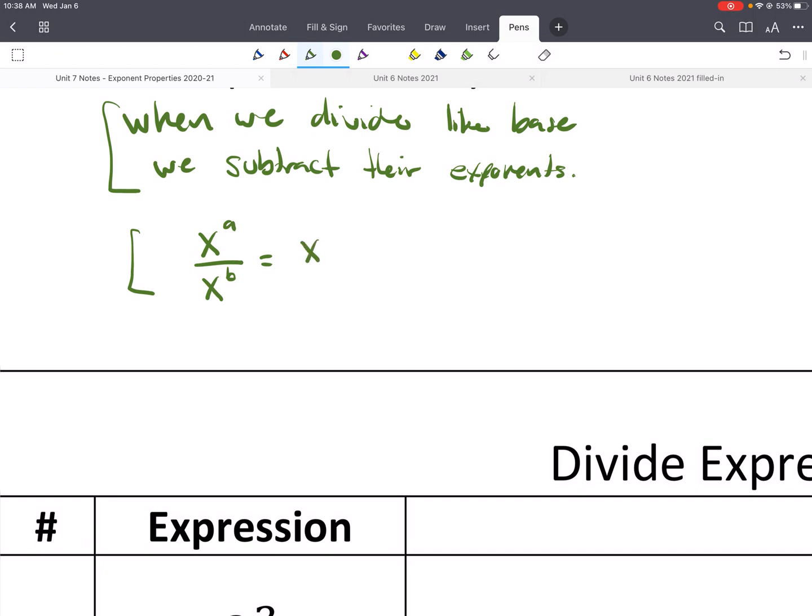Then we're going to do x to the a minus b. We subtract their exponents, top minus the bottom. So another example could be x to the 10th divided by x to the 6th. Well, that would be x to the 10 minus 6, or x to the 4th.